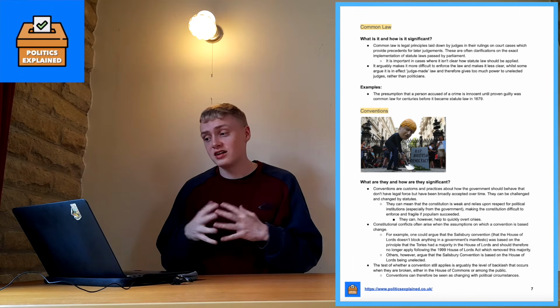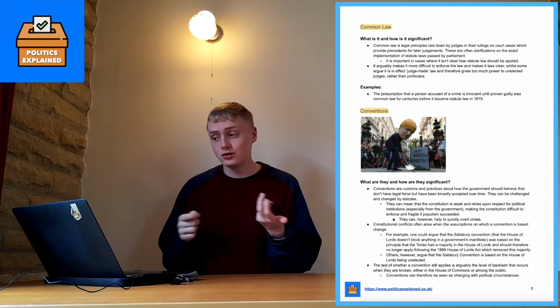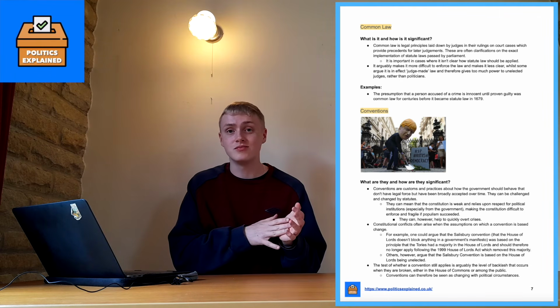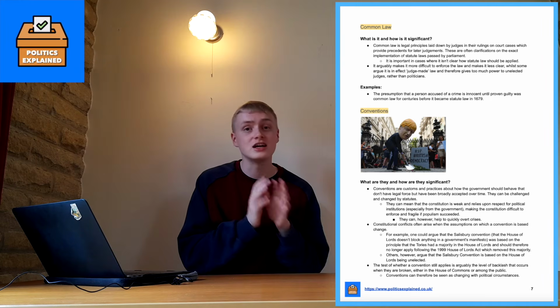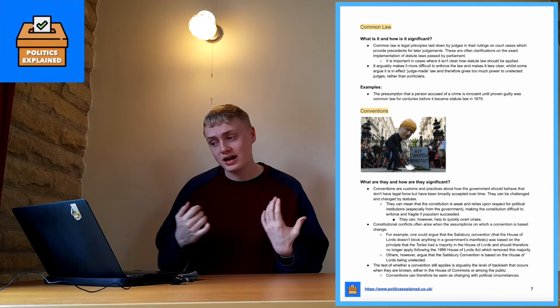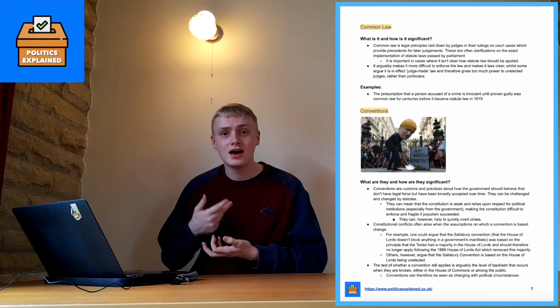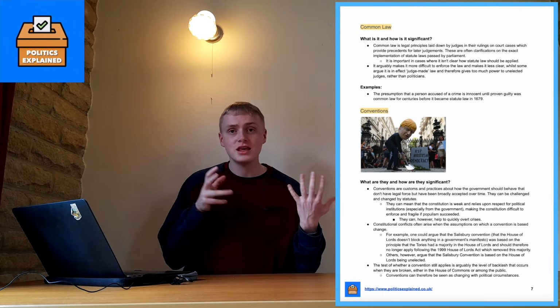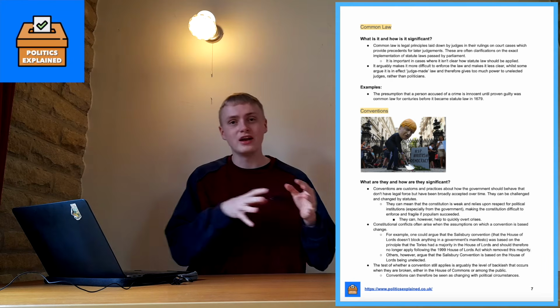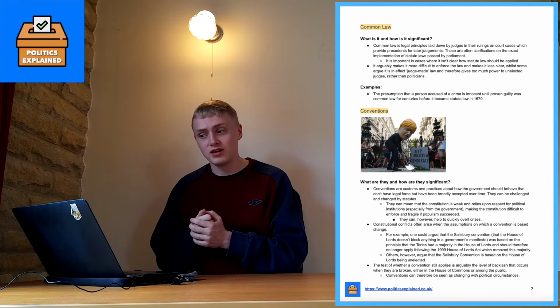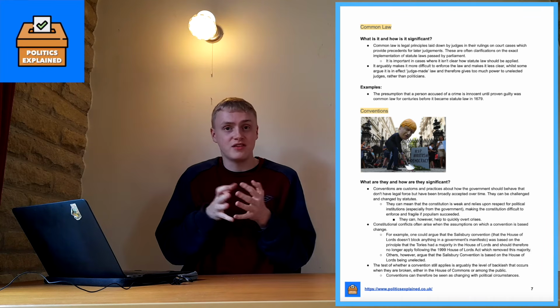Therefore, since the 1999 House of Lords Act, it could be argued that this convention no longer applied because this removed the Tory majority in the House of Lords. On the other hand, however, others argue that the Salisbury Convention is based on the House of Lords being unelected and therefore should still apply. So, if the assumptions on which conventions are based change, then there could be key constitutional conflicts as to whether these conventions should still apply.